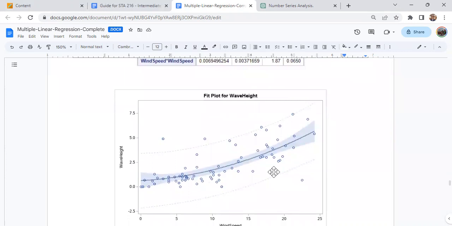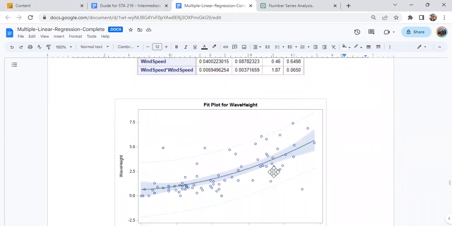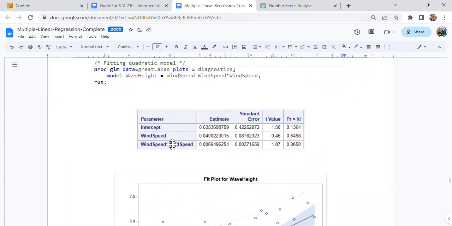When we fit this quadratic regression model, one way to decide what's better, just the straight line fit or the quadratic fit, is by looking at the t-test for the quadratic term. You always start with the higher order term when you're trying to trim down a model like this.